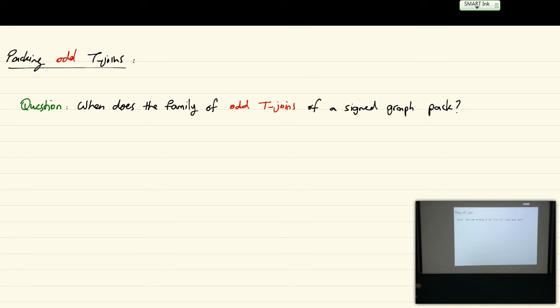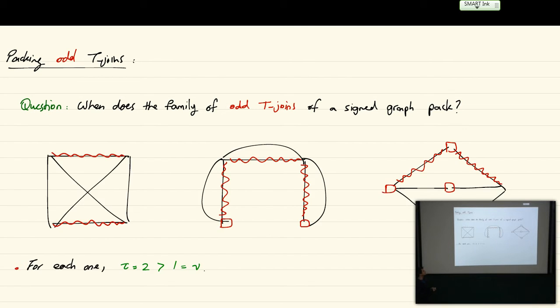So I can ask the question: when does the family of odd T-joins of a signed graph pack? And again, Seymour answered this question in 1977. You can make 3 examples on 6 edges that do not pack. The family of odd T-joins for all 3 of them turns out to be exactly the same; they're just 3 different representations of the same thing.